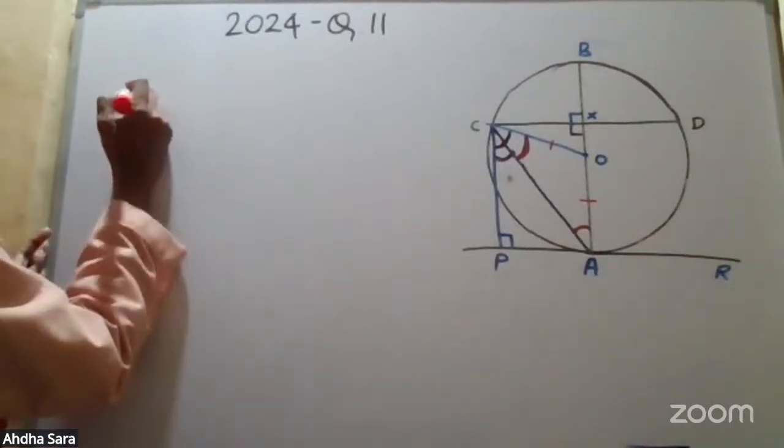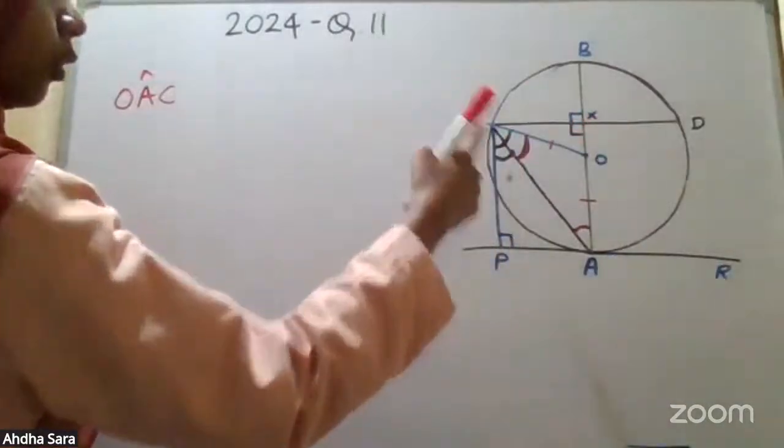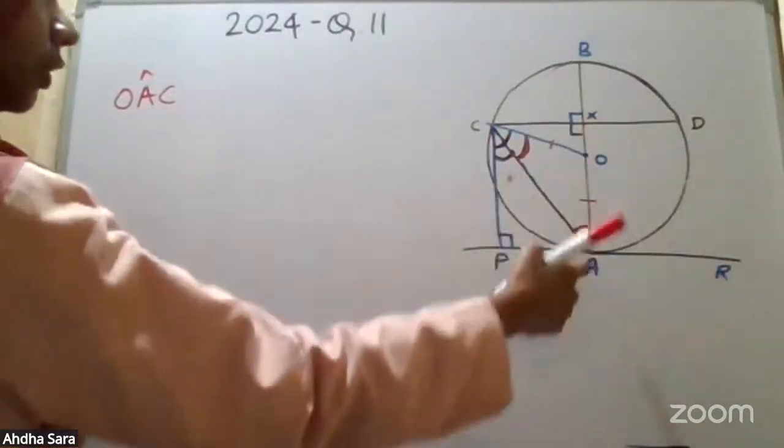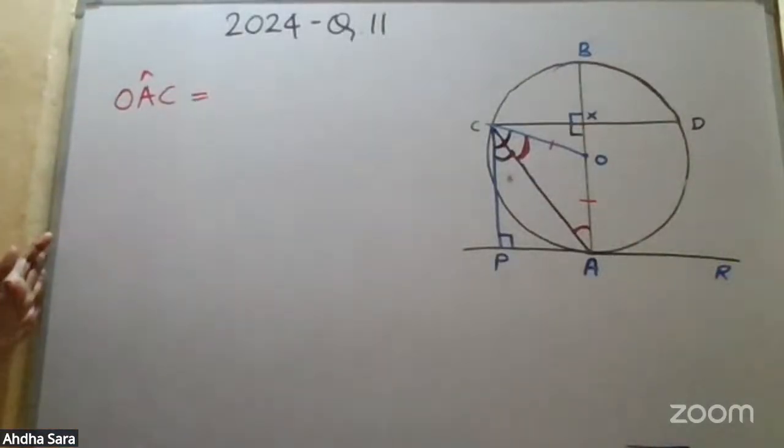So you write angle OAC will be equal to angle OCA.